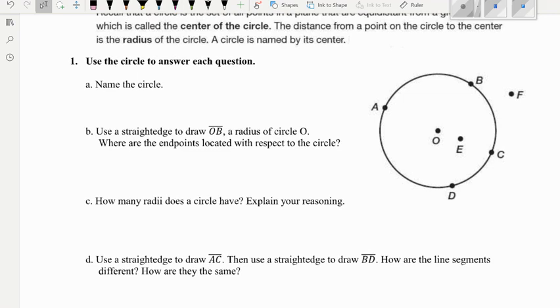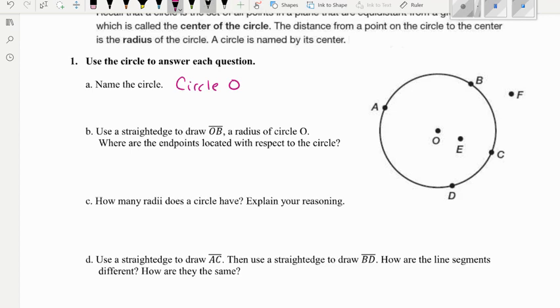Name the circle. So if you look, the center of the circle we can see is O, so it's circle O. And then B says use a straight edge to draw a line segment OB, so a radius of circle O, where the endpoints are located with respect to the circle.